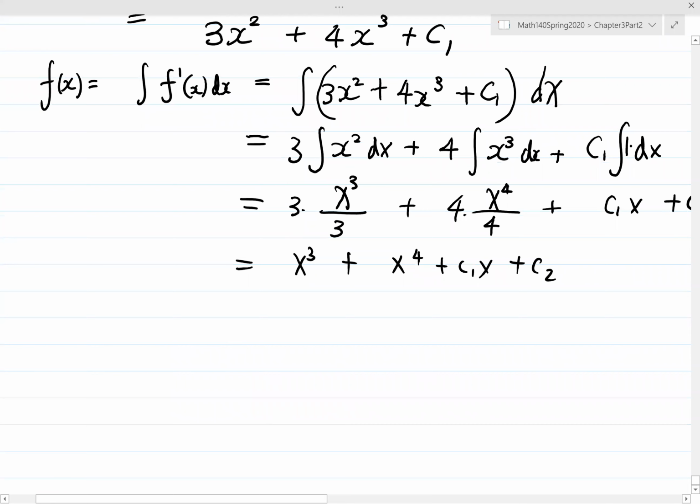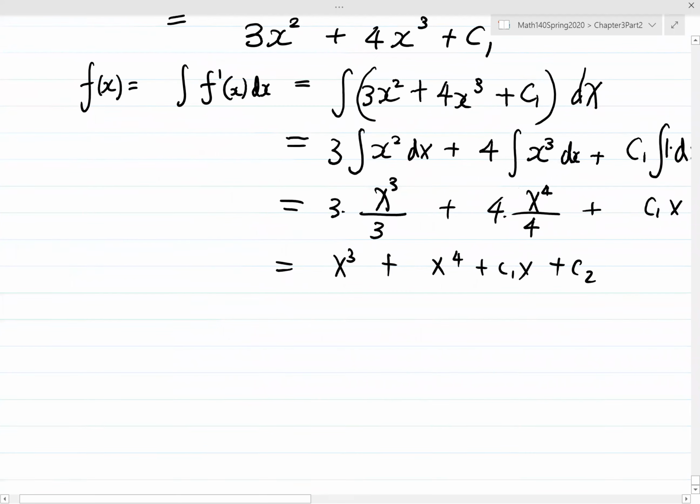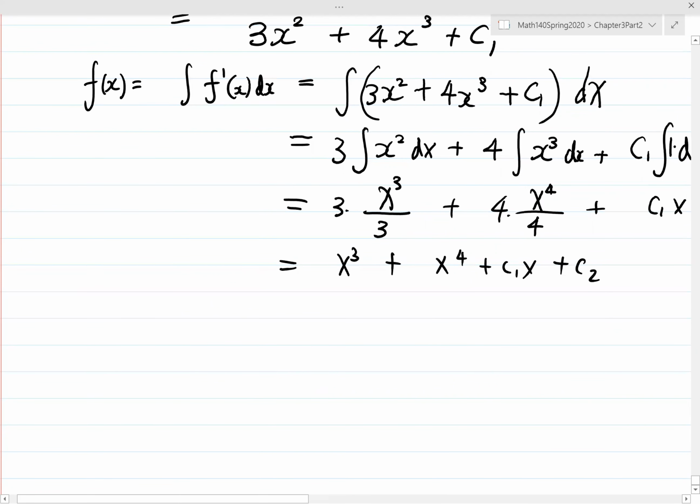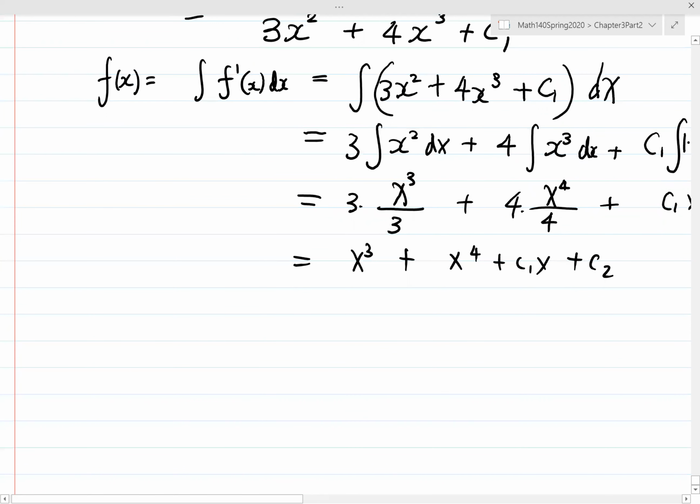To determine c1 and c2, we need two conditions. In general, we need two conditions. So let's see this example. The second derivative f double prime of x is 24x squared plus 2x plus 10.